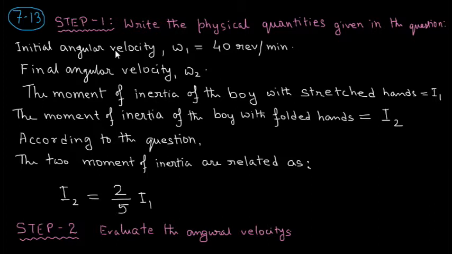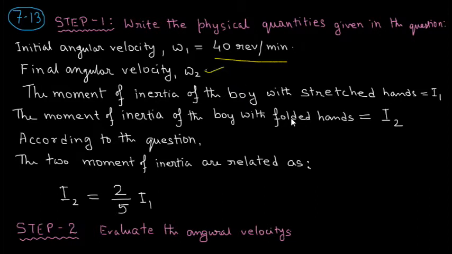This can be solved in different steps. First step, we will write the physical quantities given in the problem. Initial angular velocity omega 1 is equal to 40 revolution per minute. Final angular velocity is omega 2.